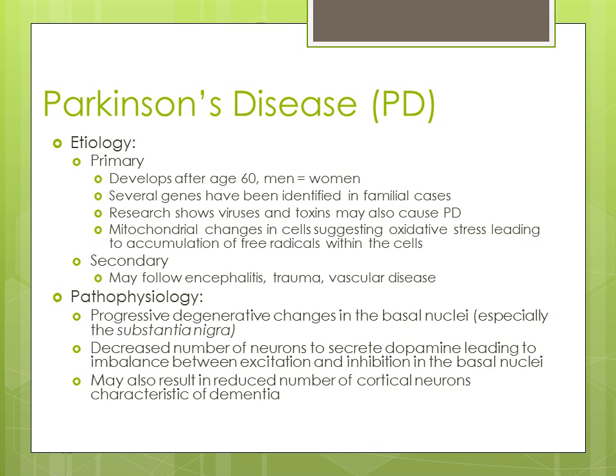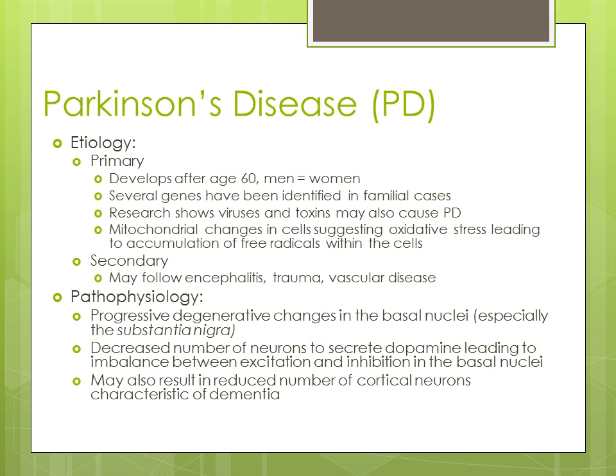And so pathophysiologically, what happens is there's a progressive degenerative change in the basal nuclei of the brain. And really this is going to mainly take up the substantia nigra. And there's going to be a decreased number of neurons that secrete dopamine. And dopamine being low will kind of create an imbalance between excitation and inhibition of the basal nuclei. So you get some abnormal signaling there.